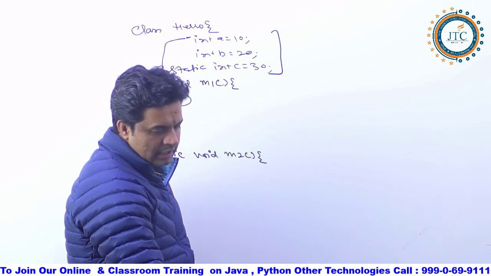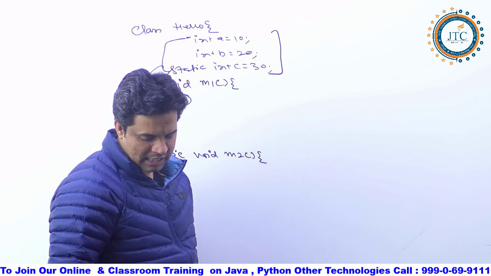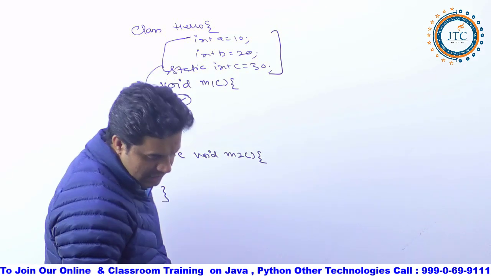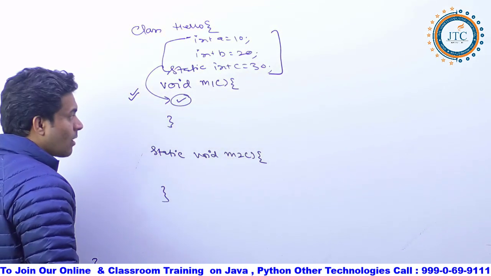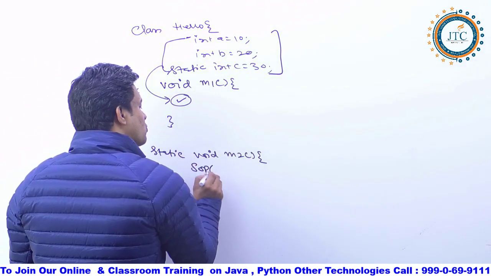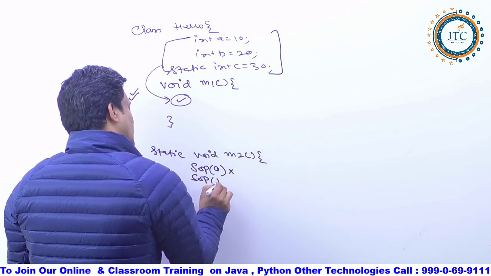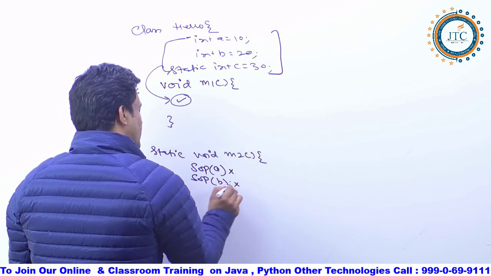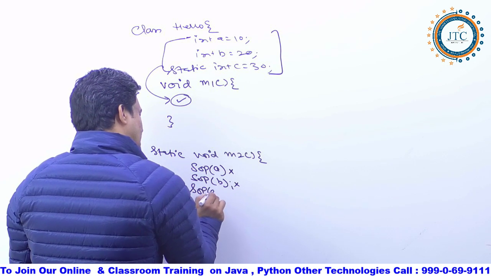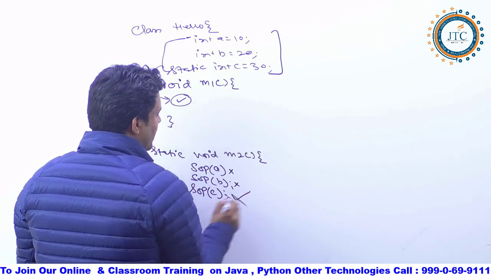Now here, in this one itself, we get another type of doubt. If I write SOP of A, we cannot access it. SOP of B, we cannot access it. And SOP of C, we can access it here because it is a static member of a class.